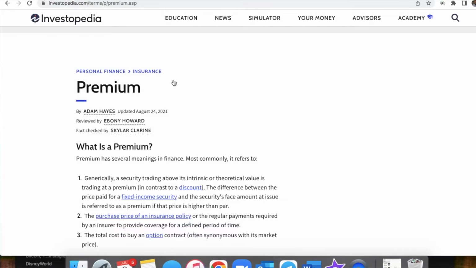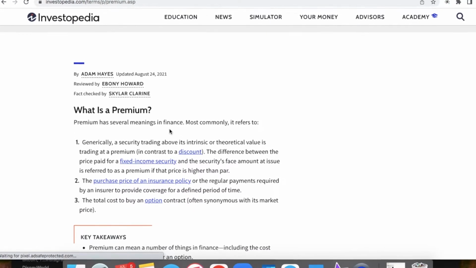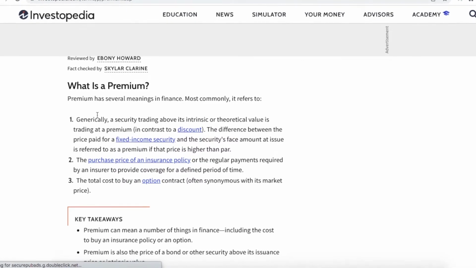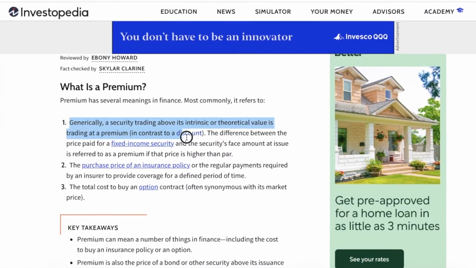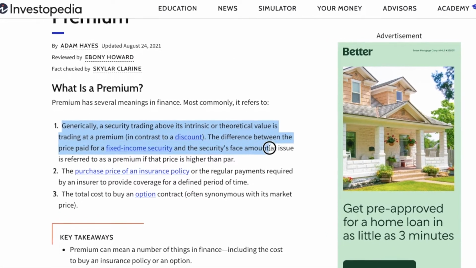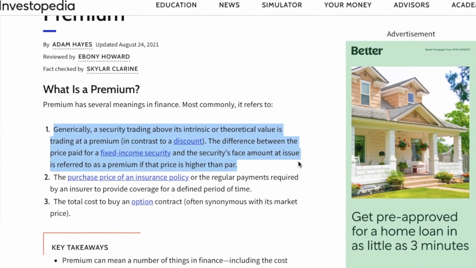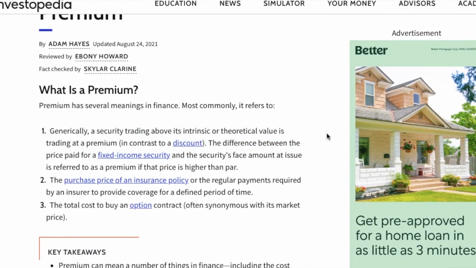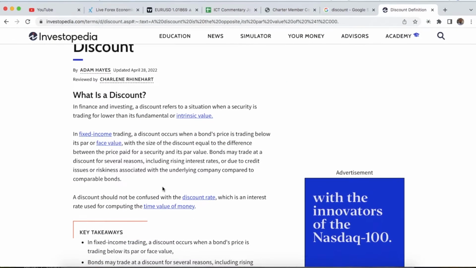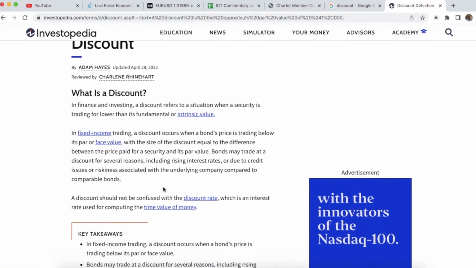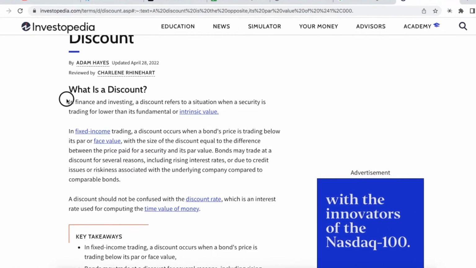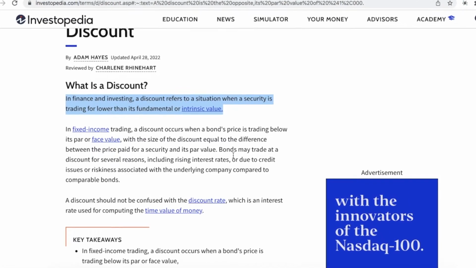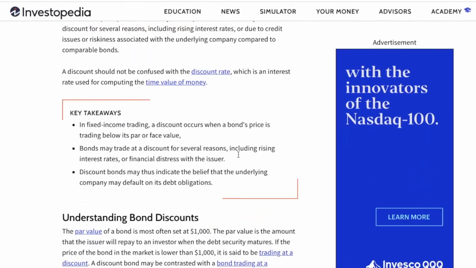First of all, premiums and discounts. A premium is when there's a higher price for something, and everyone wants to pay that premium to get that specific service or goods. A discount is when there is a lower price established for a good someone is selling, and that discount allows you to get in at a lower price to buy.